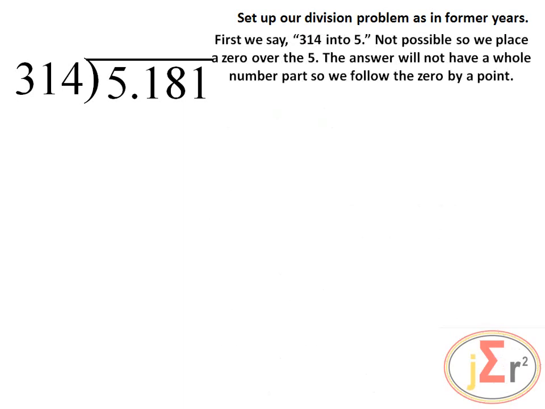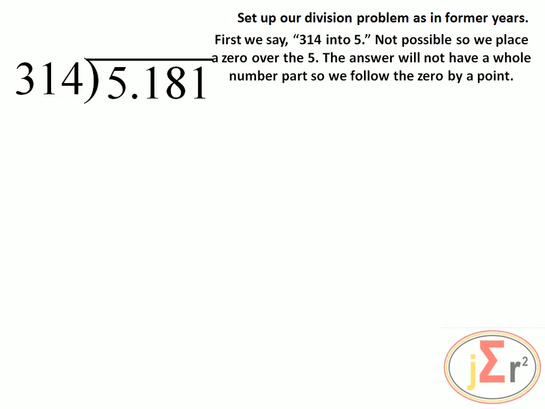First, we say 314 into 5. Not possible. So, we place a 0 over the 5. The answer will not have a whole number part, so we follow the 0 by a point. Before we can say 314 into 51, we have to bear in mind that there's a notable sign here.